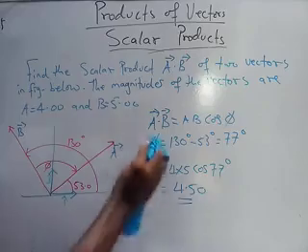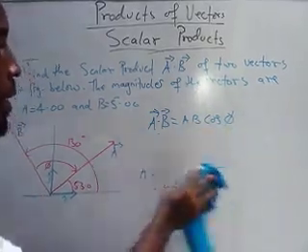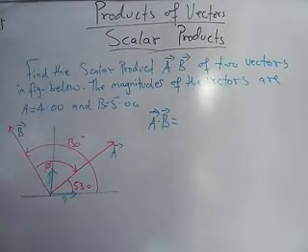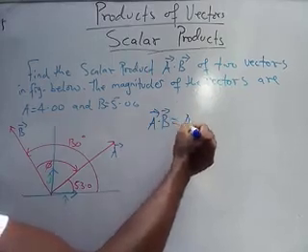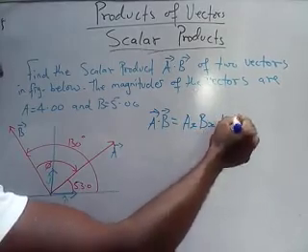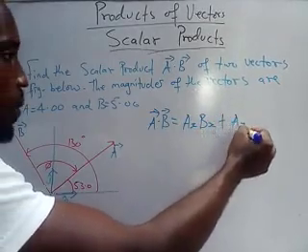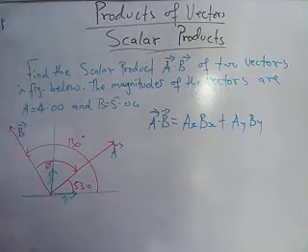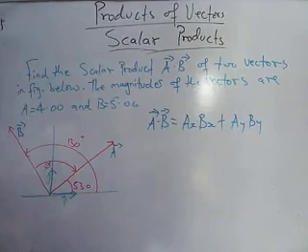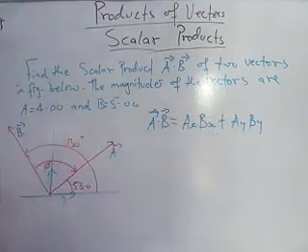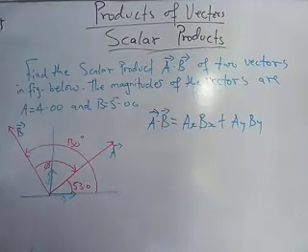This is the first method. Recall that this is the same thing as saying AX BX plus AY BY. Since there is no Z, there is no Z. But then there is Z, I'll proceed and add AZ BZ.